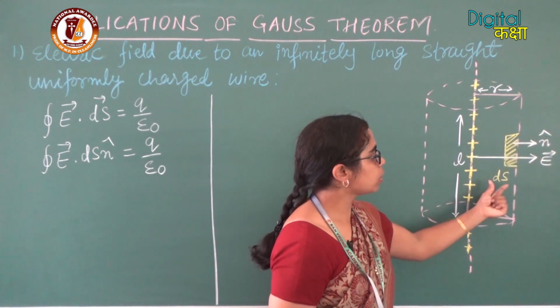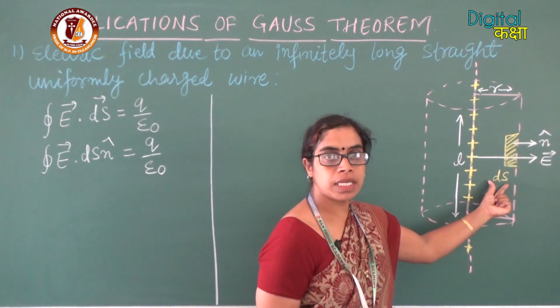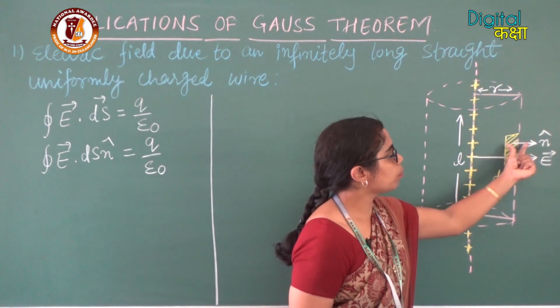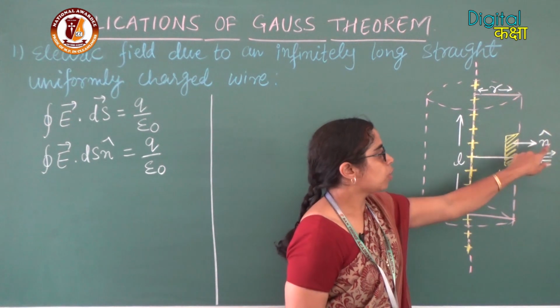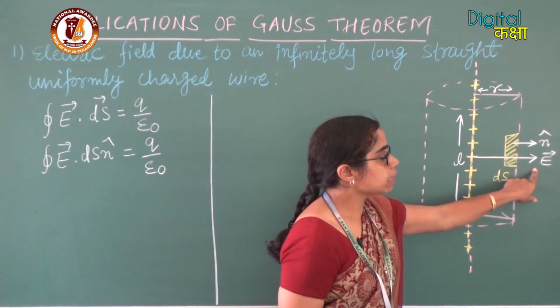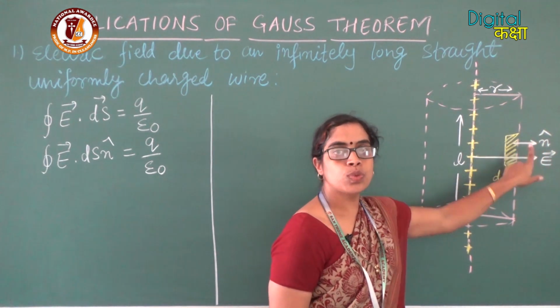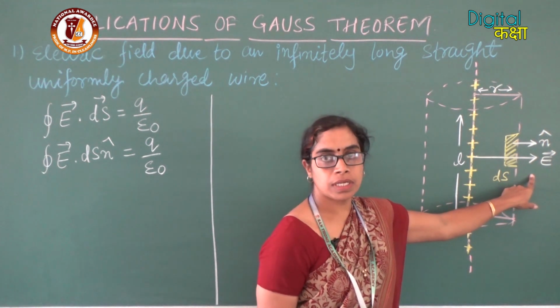Here a small surface area ds is taken, on which the normal, the unit vector, is drawn. Now this unit vector and this vector E are parallel to each other.